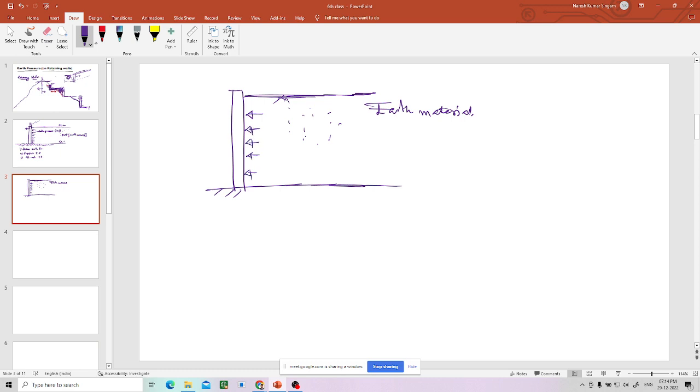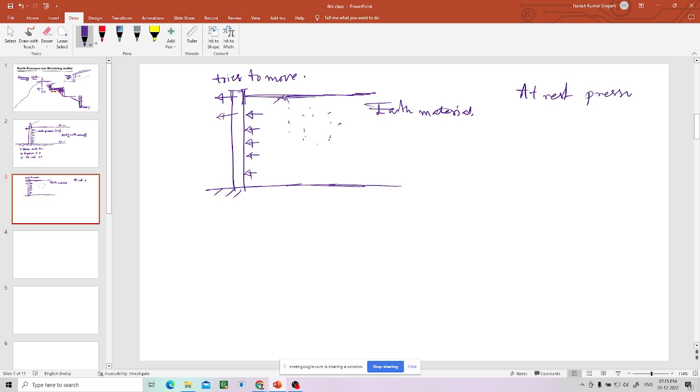Because of that pressure, the wall tries to move in this direction. If you don't want this wall to move by any amount, suppose you want this wall to be at rest, that means you don't want it to move, then the pressure exerted on this wall is called at rest pressure.